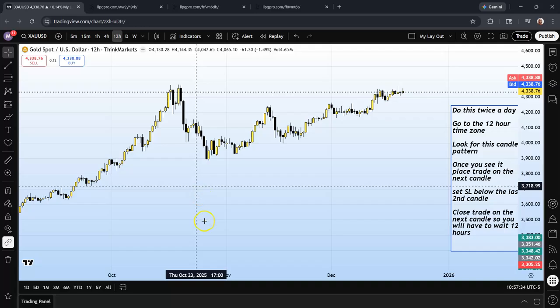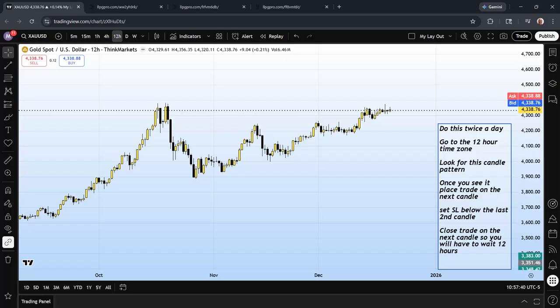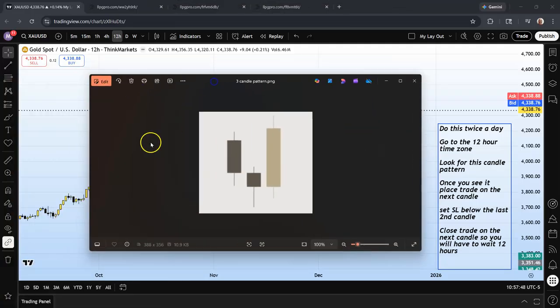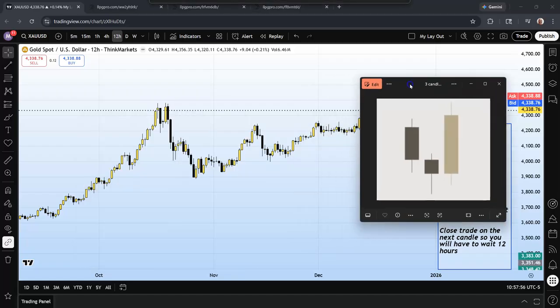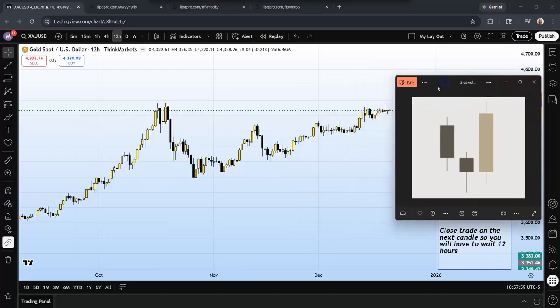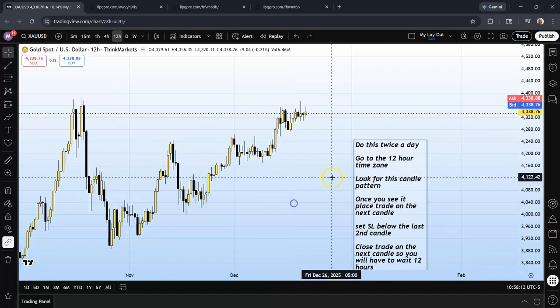So as you can see, it's right here on the top left. It's a 12-hour interval. What we're going to be looking for is that candle pattern. So let me pull that up again. Okay, this is the candle pattern. Whenever you see a dip, we're going to be looking for that candle pattern. This is gold, like I said, but let's back test this.